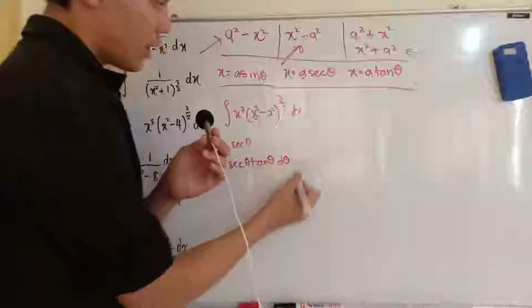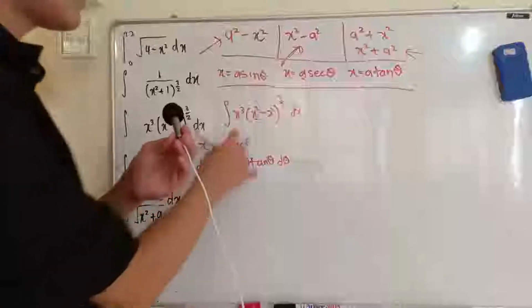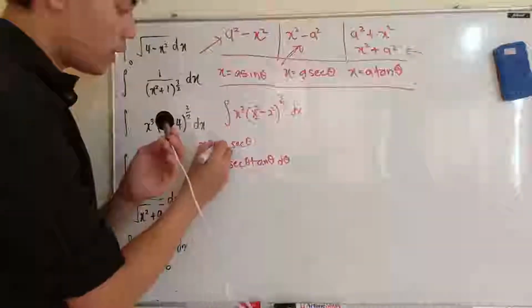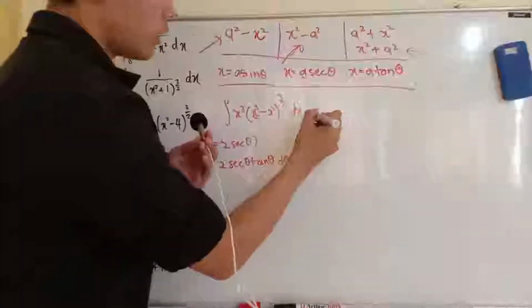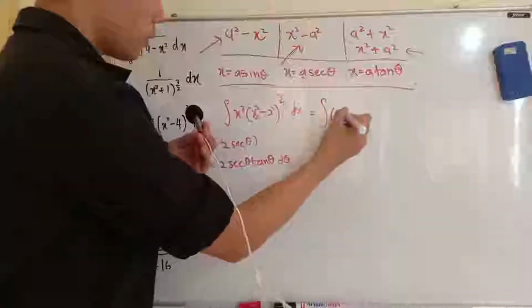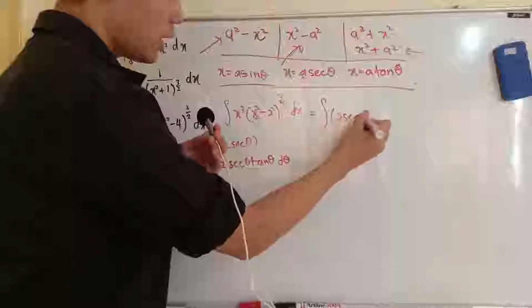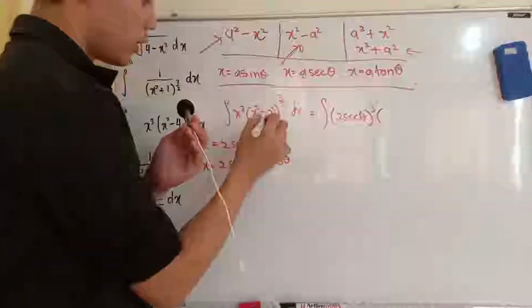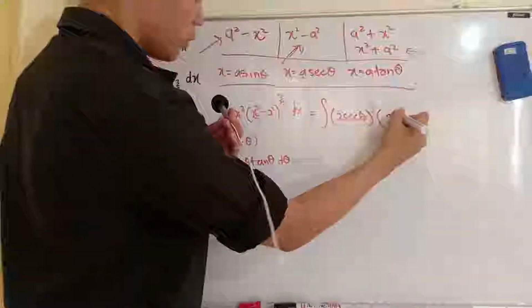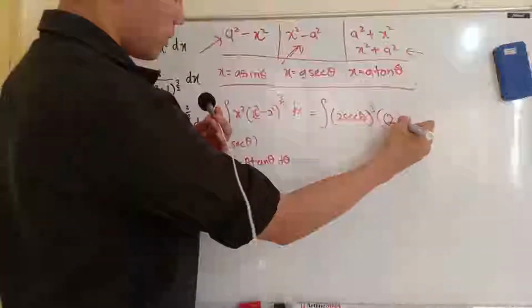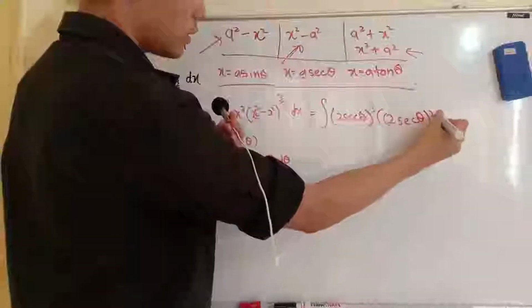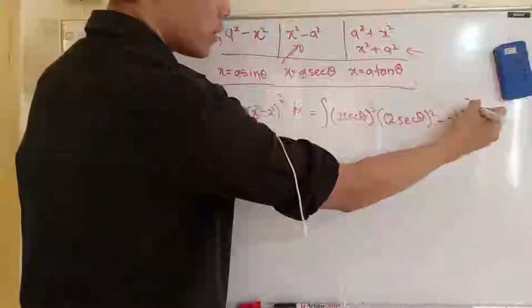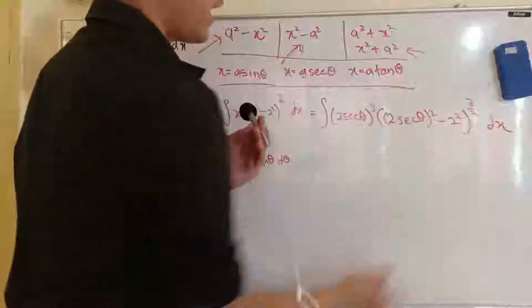So you just substitute in. Your s cube right now is going to be this whole thing cubed. So s cube is going to be 2 secant theta cubed. Your denominator is going to be 2 secant theta square minus 2 square, to the power 3 over 2, ds.